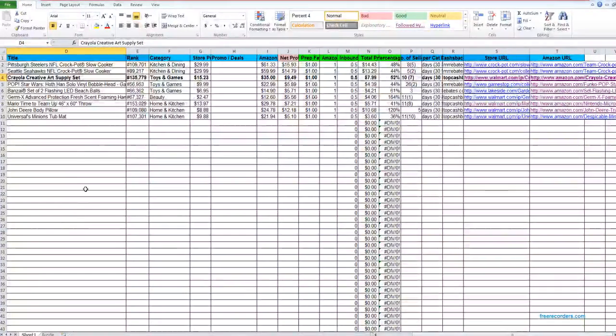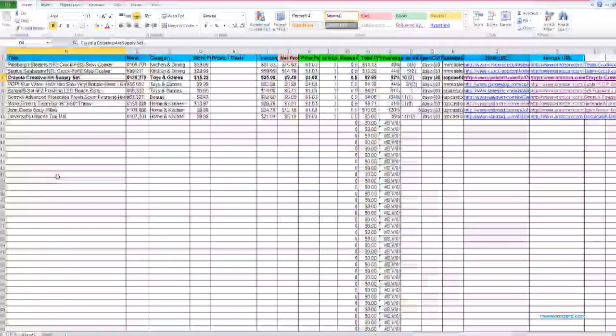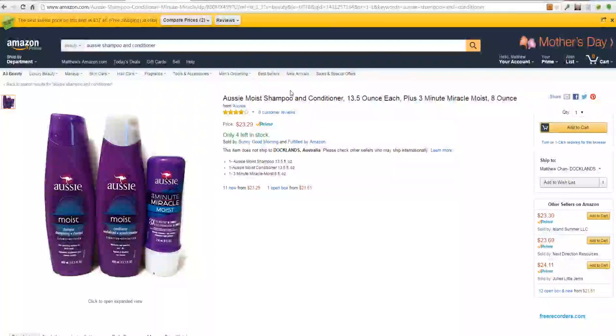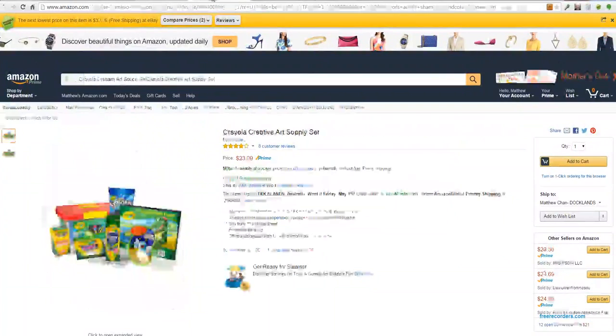Now basically I would like you to search for the items as you normally do. So the individual items like this, you put a list there, that's good. But what I'd like you to do, when you see an item, for example the Crayola Creative Art Supply set, you look at it, let's bring it up here.